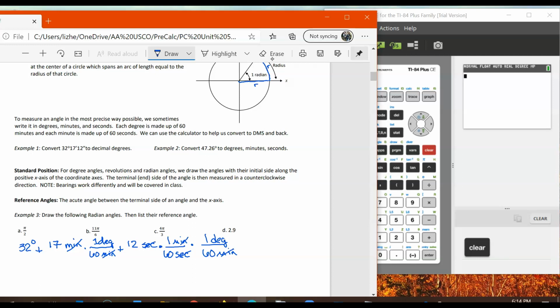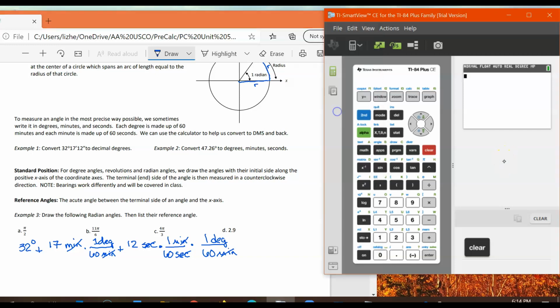And so I just have to do that math. So pulling up my little calculator here, I'm going to say 32 plus 17 divided by 60 plus 12 divided by 60 times 60, which is 3,600.